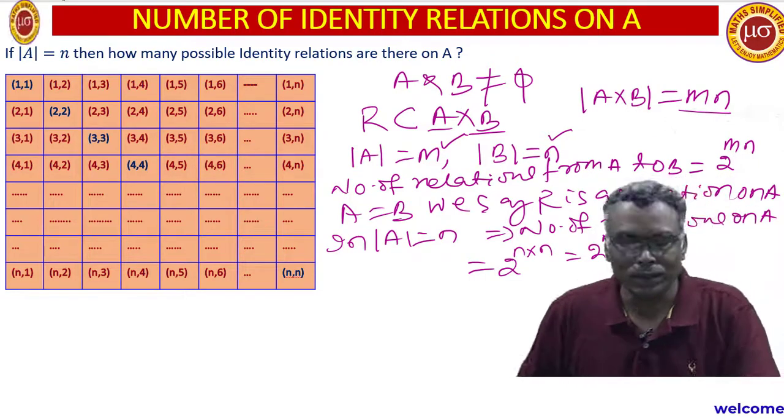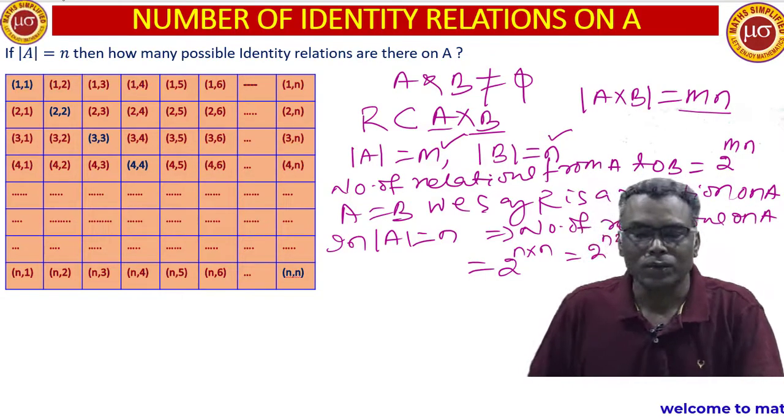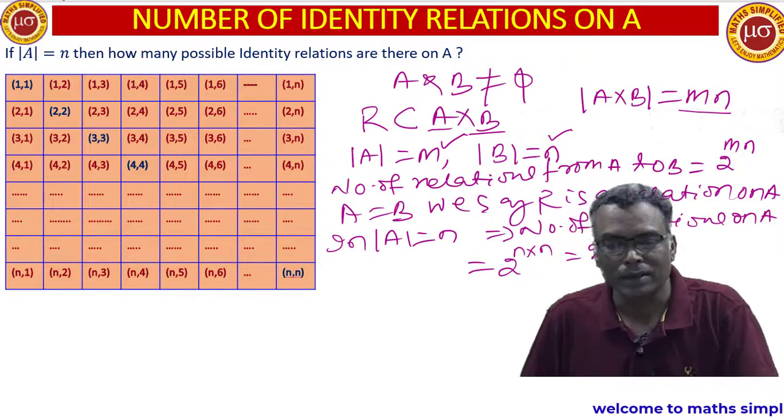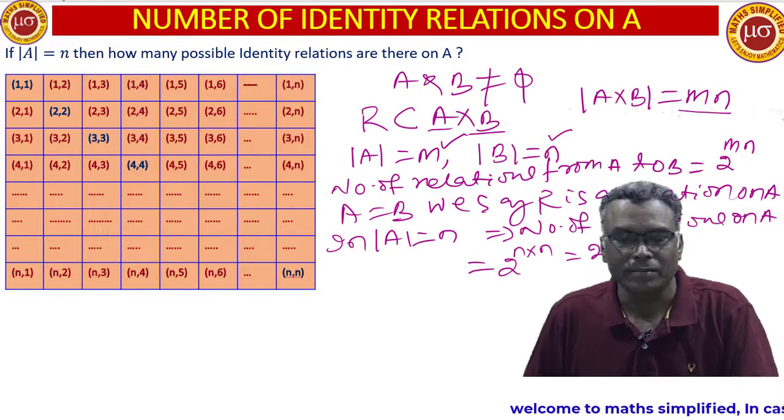So, as a whole, there are 2 to the power n square relations on A.